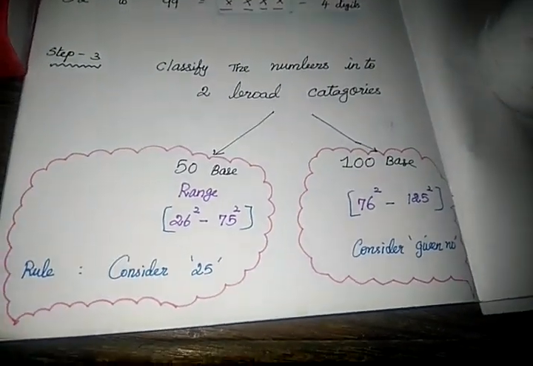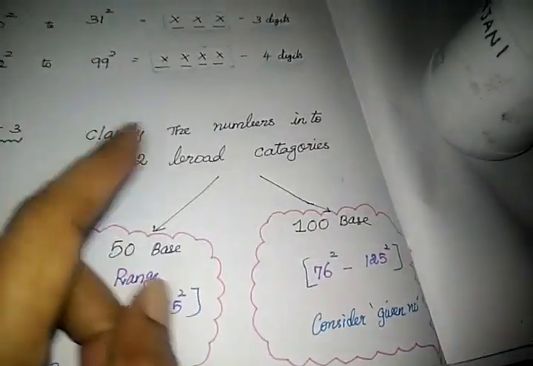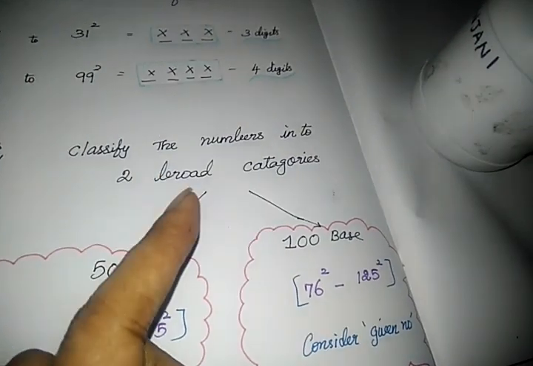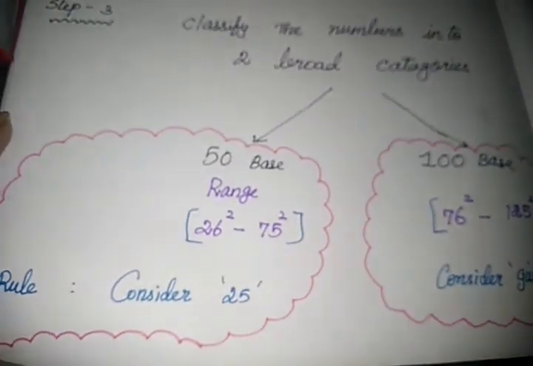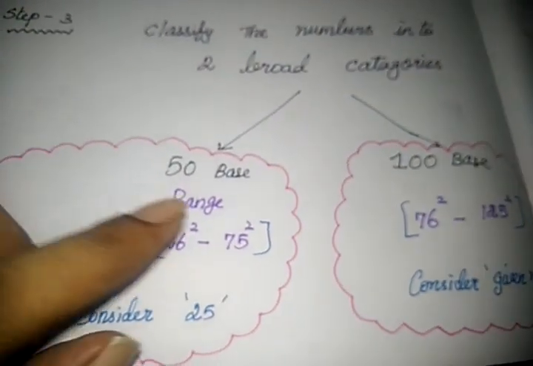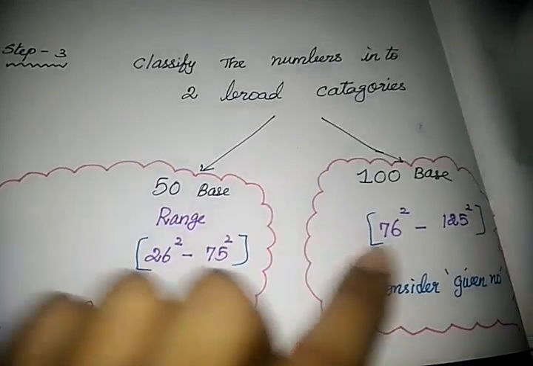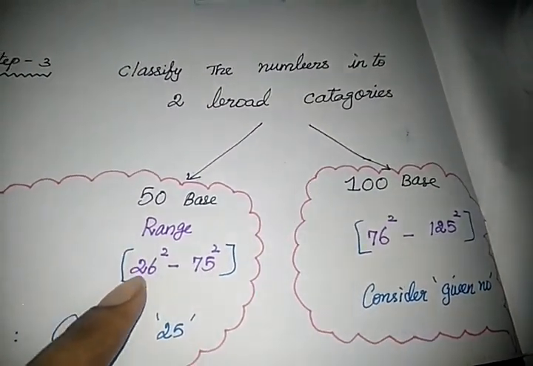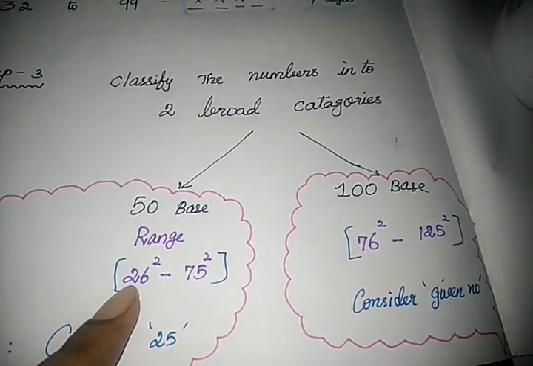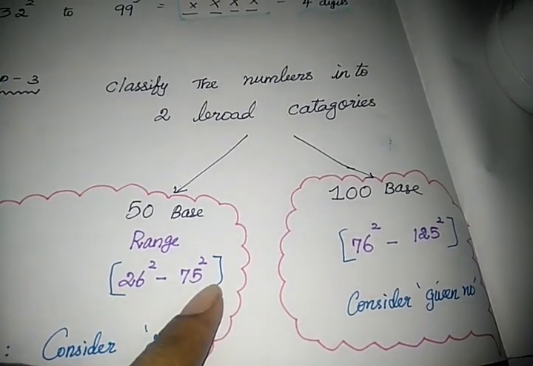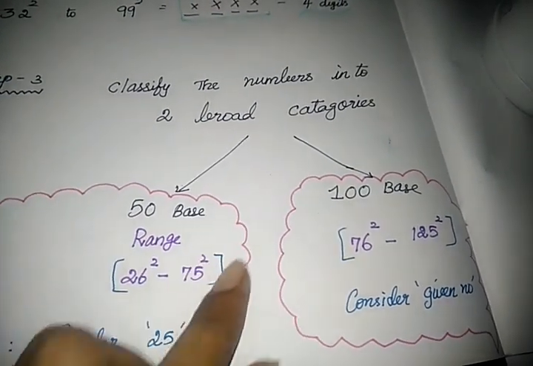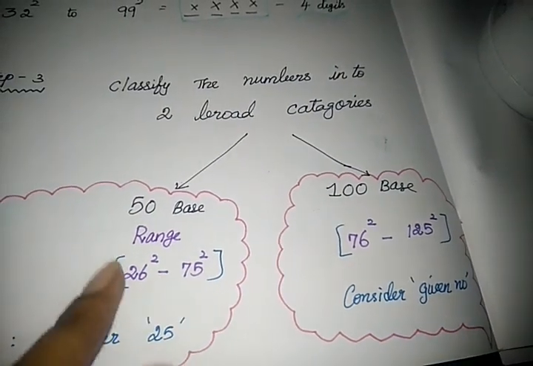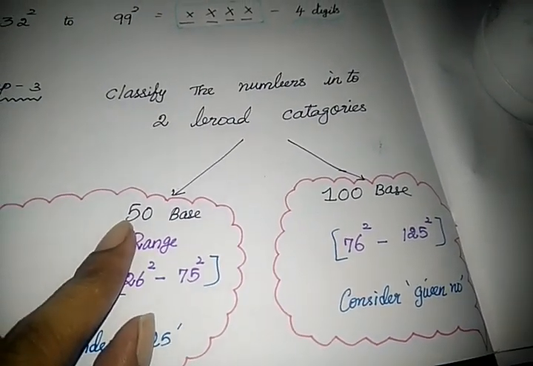Now the third step is to classify the numbers into 2 broad categories. All the 2-digit numbers can be classified into 2 broad categories: one is closer to 50, another one is closer to 100. So for the 50 base, you have already memorized up to 25 square, so 26 square to 75 square are all the numbers in this range, to be considered under the 50 base.